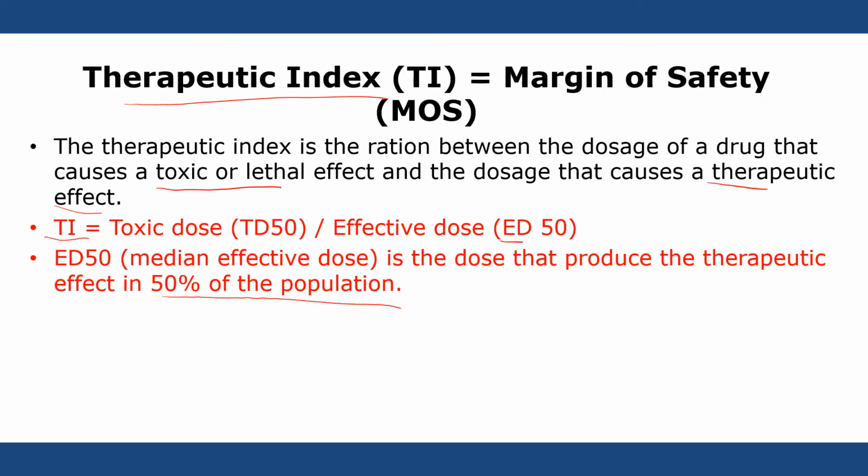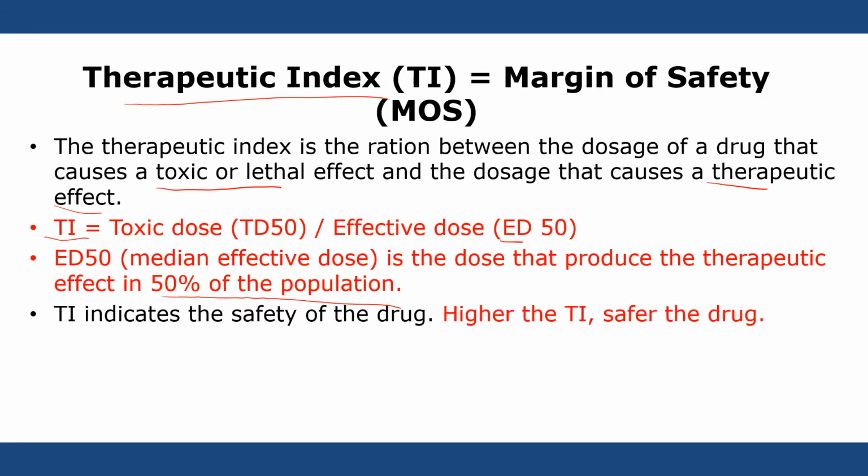What amount of the drug, of that chemical, was required to produce a therapeutic effect in 50% of those rats? So if you had 100 rats, 50 rats got a therapeutic effect from that dose. That number will become ED50.